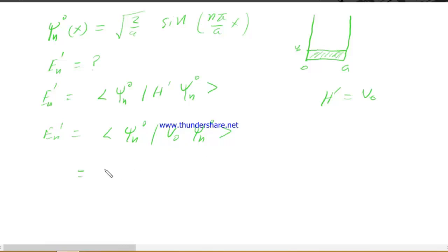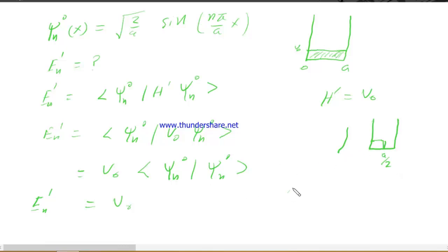The V0 is constant, so it goes outside, and according to the normalization condition the integral is equal to 1. So the first order energy correction is V0 when the perturbation covers the half of the length, a divided by 2, so then the first energy correction is V0 divided by 2. Okay.